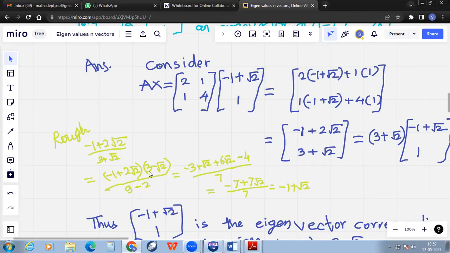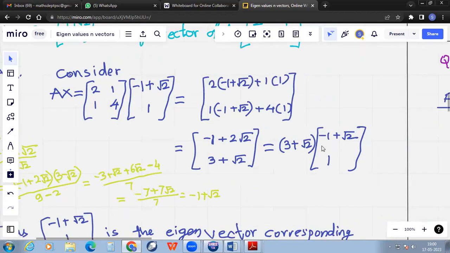Then I got 6 root 2 here, and these 2 multiplied together gives me minus 4. So this was minus 7 plus 7 root 2. If I split the terms, 7 by 7 gives me 1 and the minus sign is written. This plus sign is there, 7 gets cancelled and I got root 2. So this entry is minus 1 plus root 2 that we have noted here.